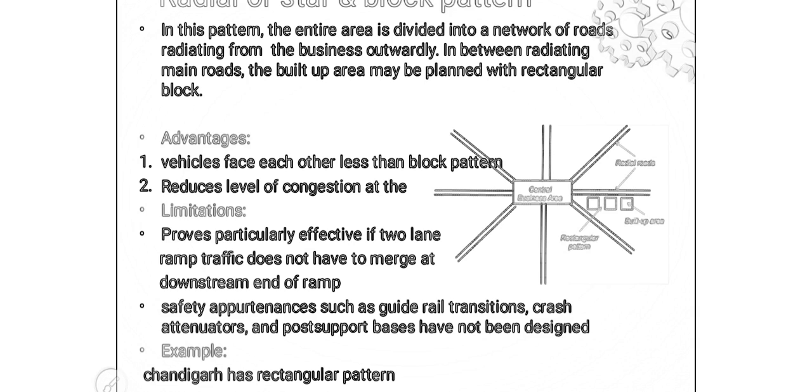Limitations: proves particularly effective if two-lane ramp traffic does not have to merge at the downstream end of the ramp. Safety appurtenances such as guide walls, transitions, crash attenuators, and post support bases have not been designed. Example: Chandigarh has rectangular pattern.